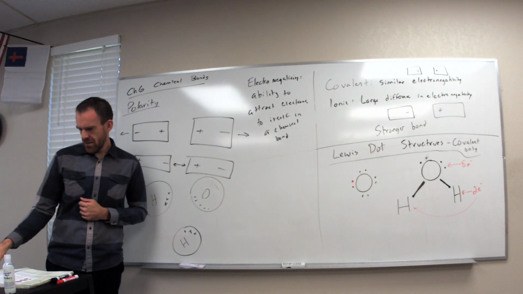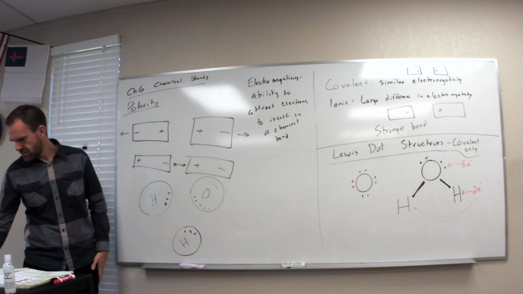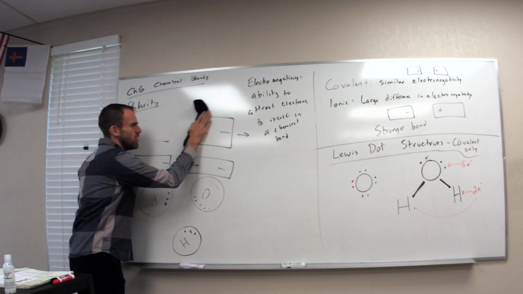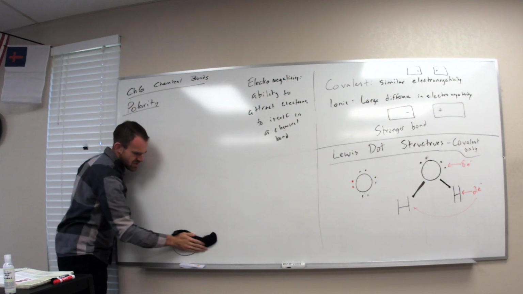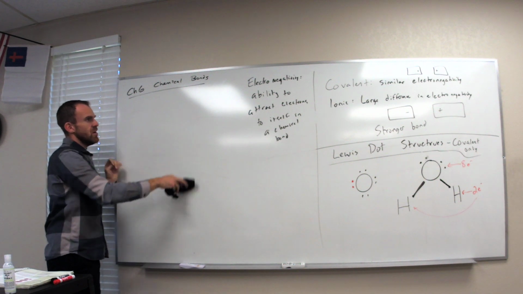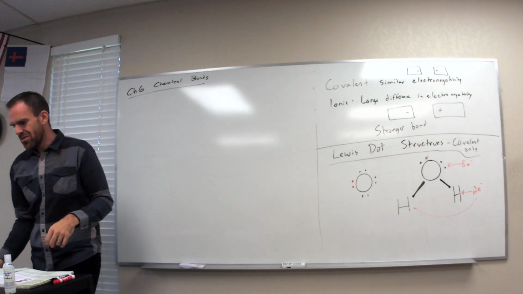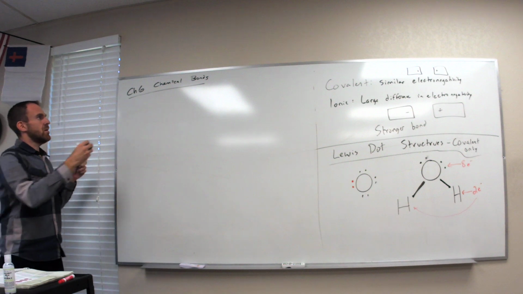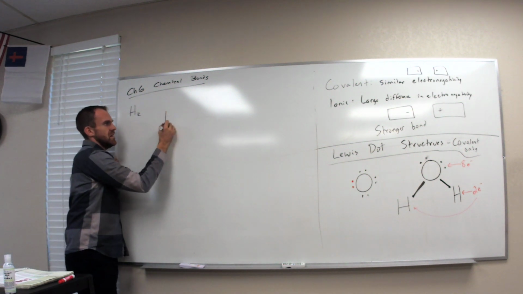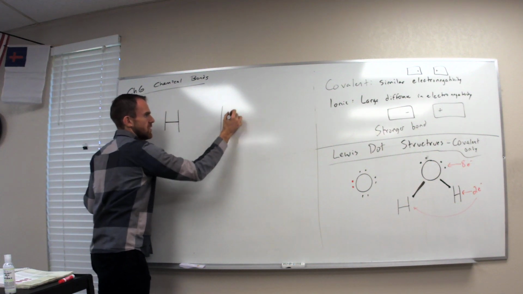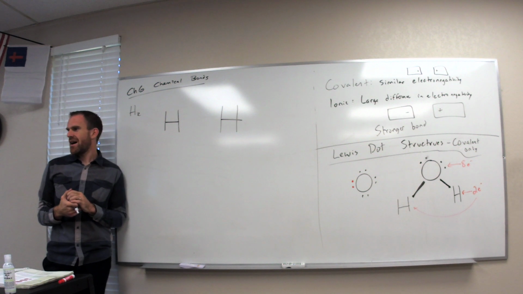So, let's start with our diatomic elements. Remember how I told you there's some elements that bond to themselves? You're like, what? And I was like, yeah, like H2, that's just hydrogen. How does that work for hydrogen? Well, let's draw the valence electrons on our hydrogen atoms. How many valence electrons does hydrogen have?